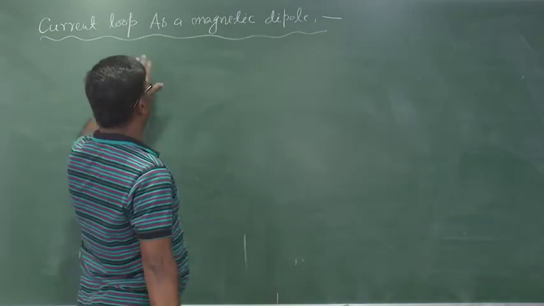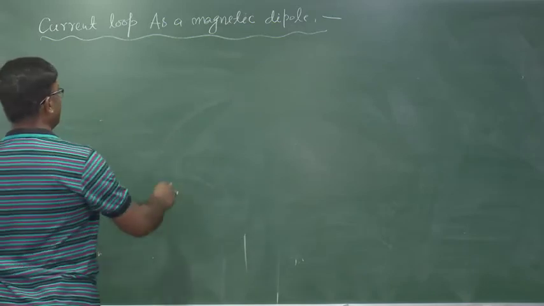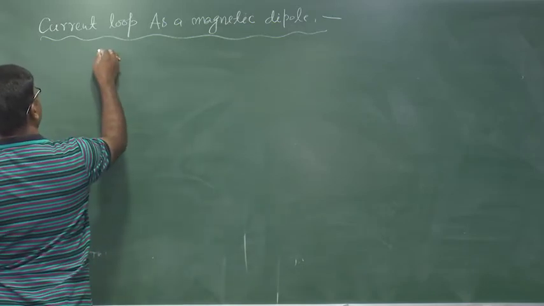So, to show the current loop as a magnetic dipole, what we know?